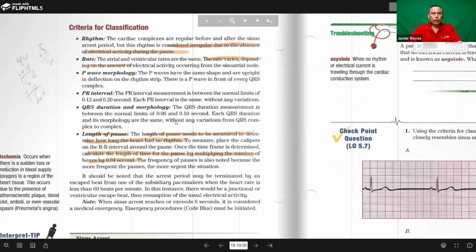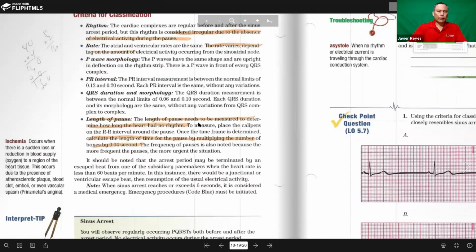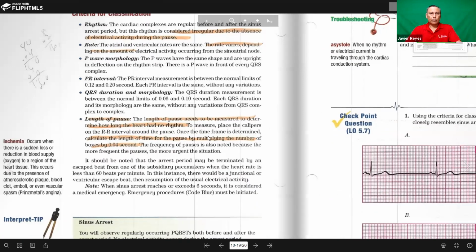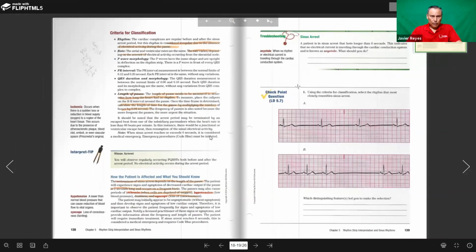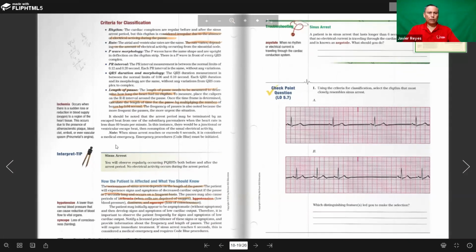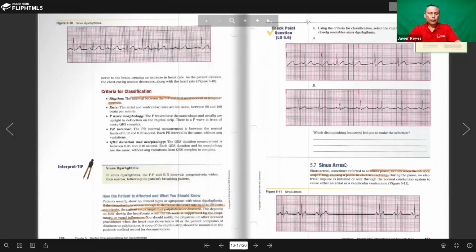So the next one is called sinus arrest. Actually, it's on the last page. It starts right here. We call it sinus arrest or sinus pause. It occurs when the SA node stops firing.